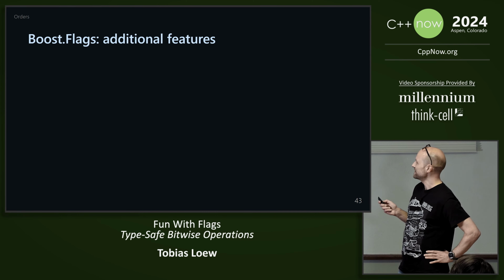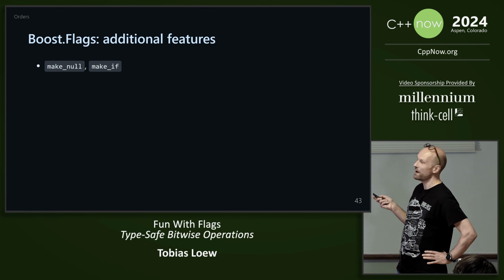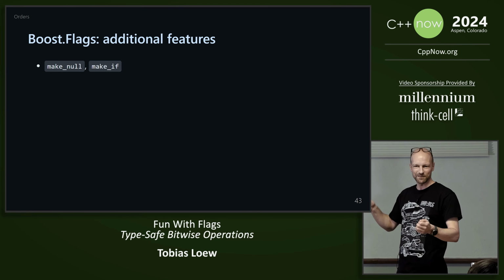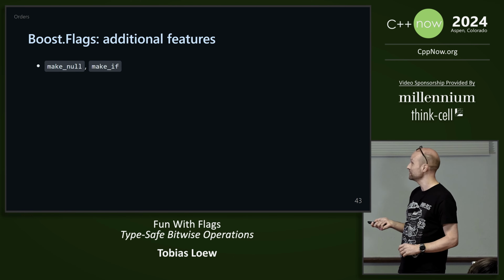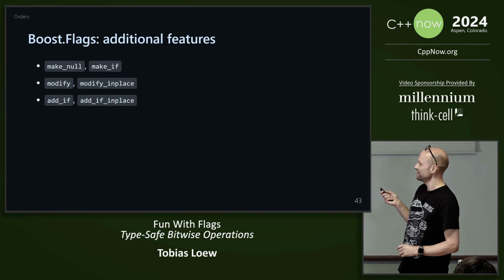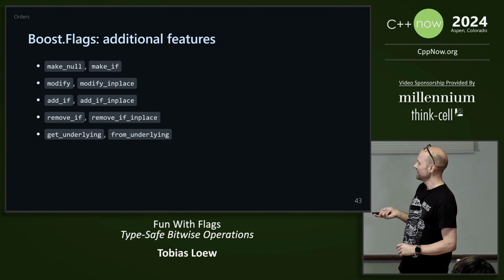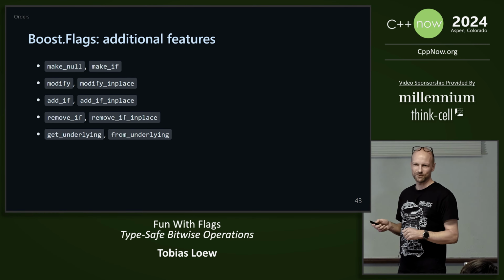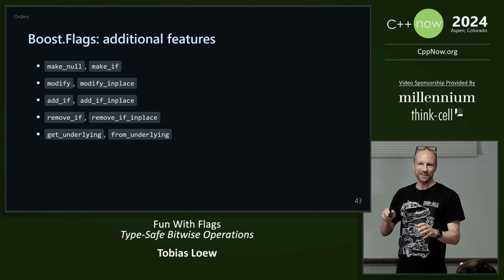The library has additional features like make null for your enum, or make if, where you can plug in a Boolean runtime value, which either creates the flag or a null value, modify and modify in place, add if, remove if, and get underlying and from underlying, just to not write static casts.